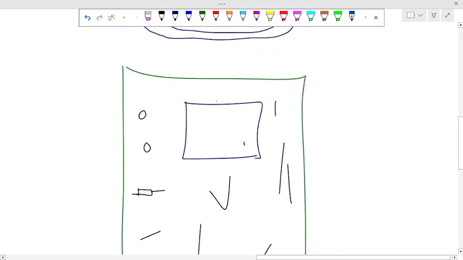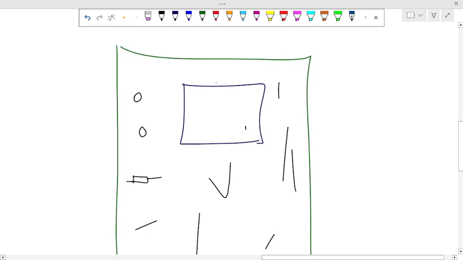Just like the human body, we have hands, legs, and everything, which execute action. But the processing of input and output in the human body happens in the brain.